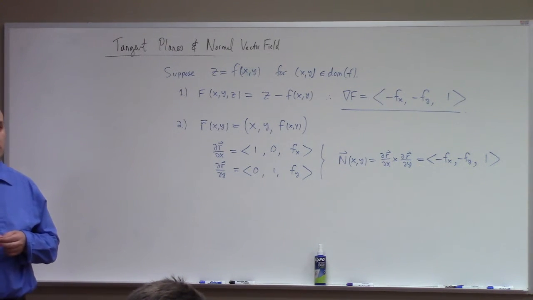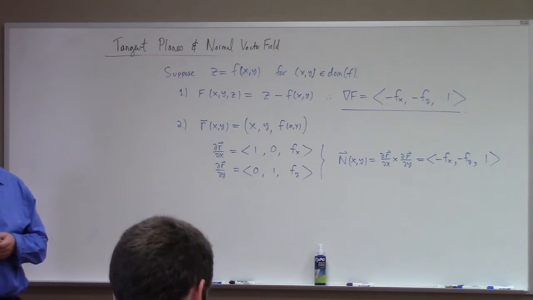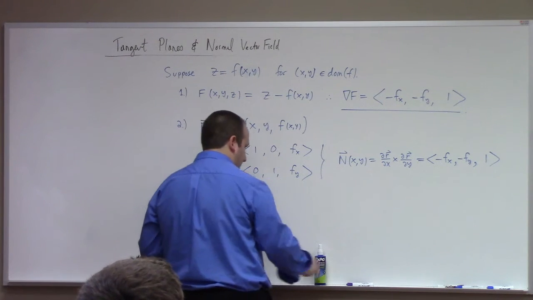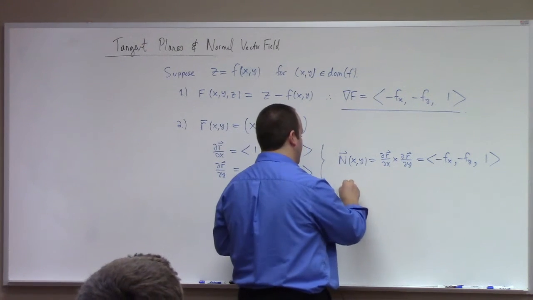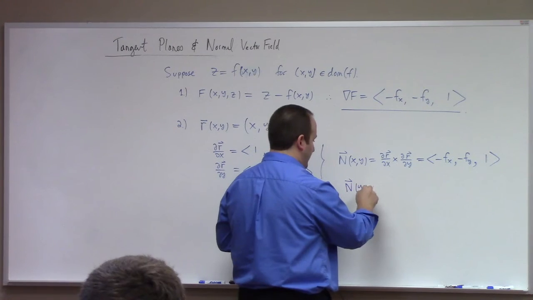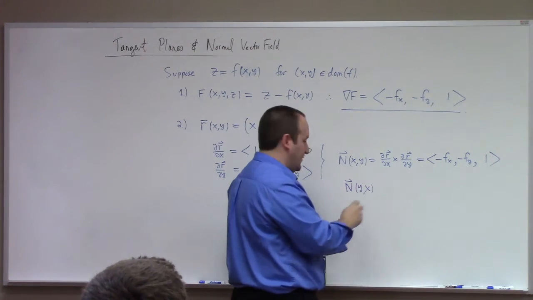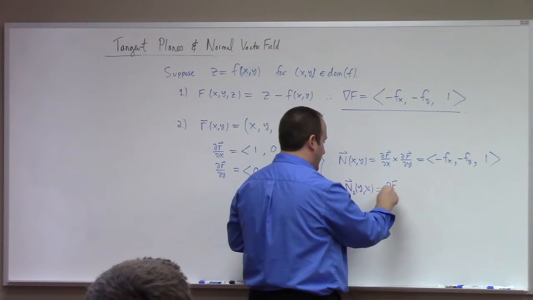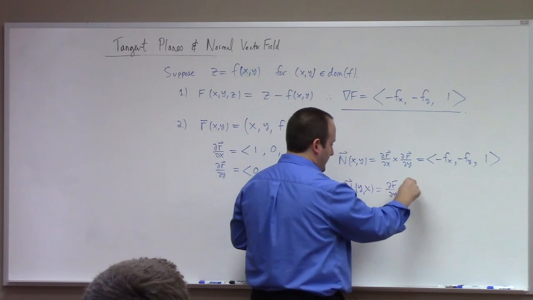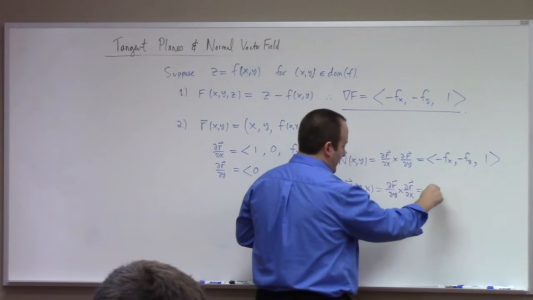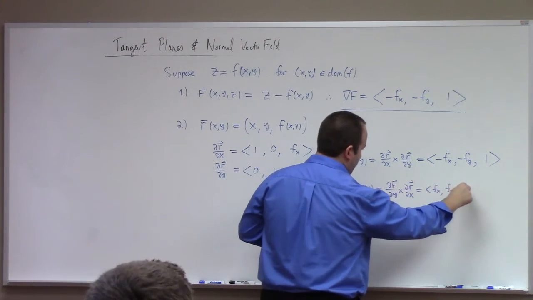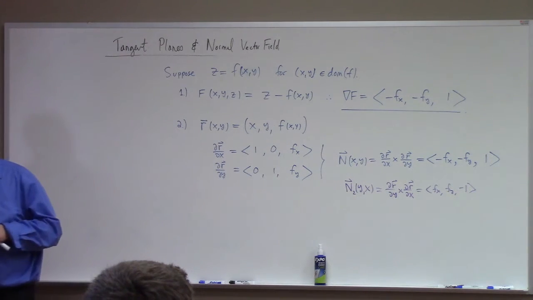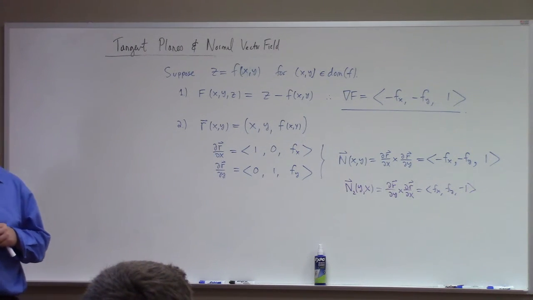I got lucky, right? What would have happened if I had ordered the parameters differently, by the way? What would the difference be? If I had said n of y, x, that would be something else. Maybe I should call it n2. That would have been partial r partial y cross partial r partial x, which would have been f_x, f_y, minus 1. So which one's the right normal vector field to use to find tangent planes to a surface?